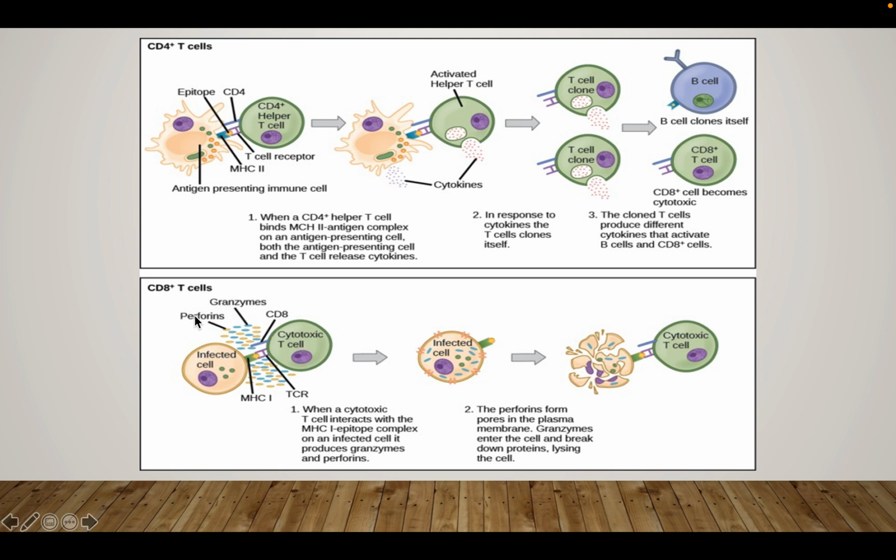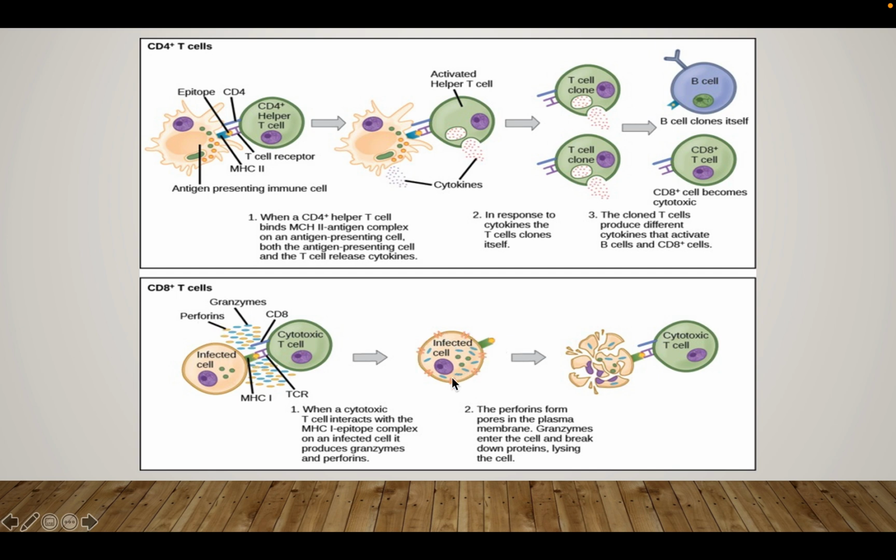perforins and granzymes. So perforins will go to the infected cell and essentially form lots and lots of small little holes in the plasma membrane of the infected cell. So that's what you can see right here. All of these little surface markers here, these are all holes that have been punctured in the infected cell via the perforins.